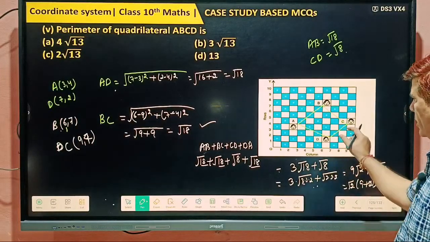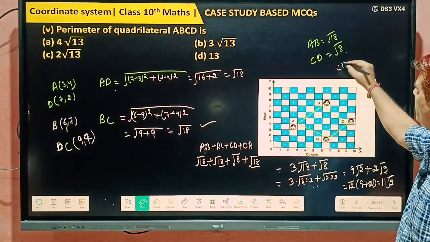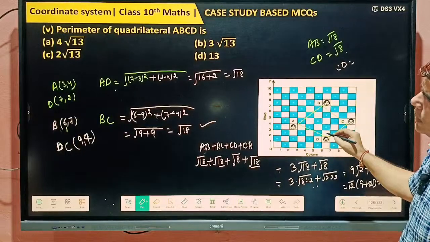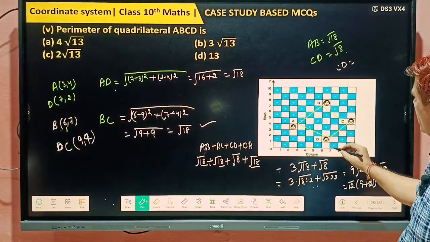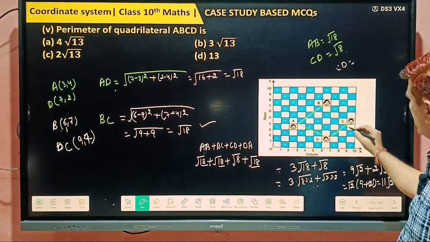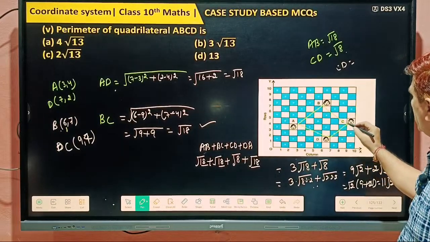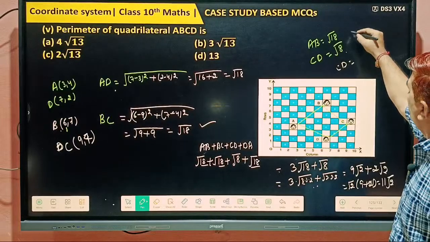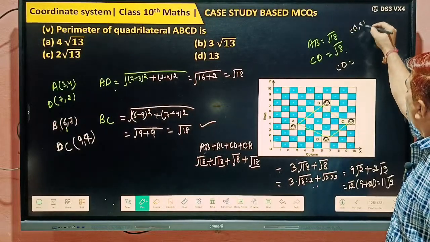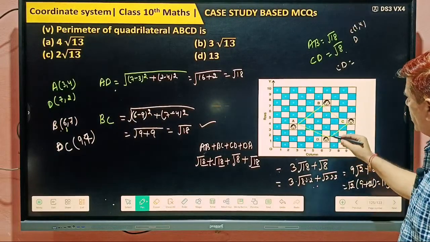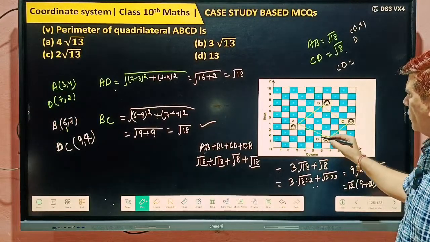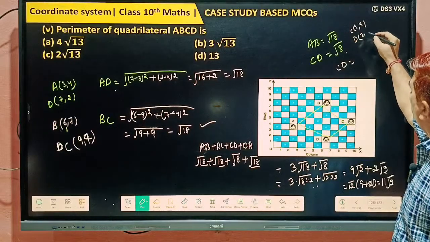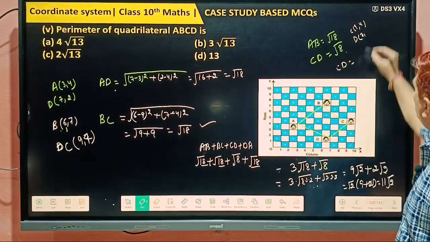Got or not? Once again, check CD equal to what? What are the coordinates of C? C is this: 9, 1, 2, 3, 9 and 4. So 9 and 4. D coordinates are these. How much distance? 7. And how much? 1, 2.